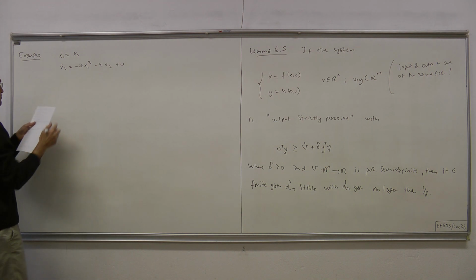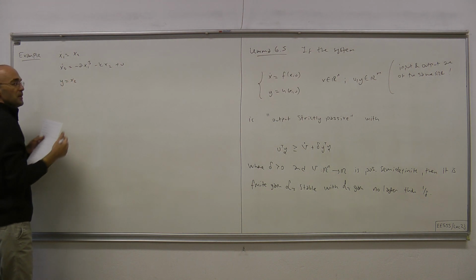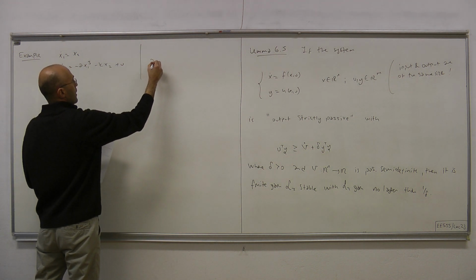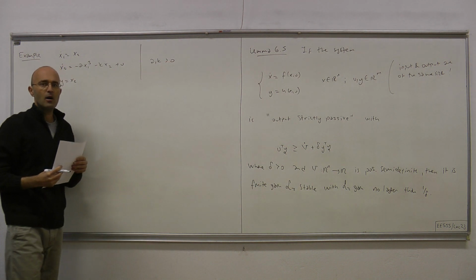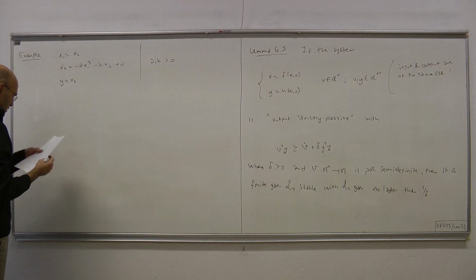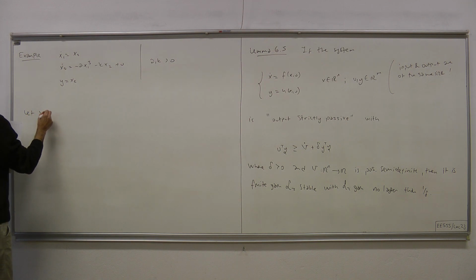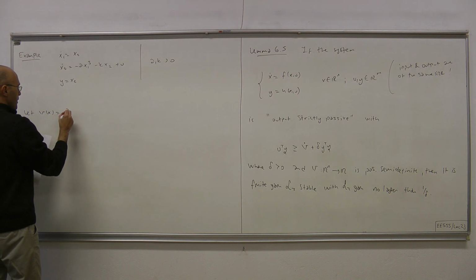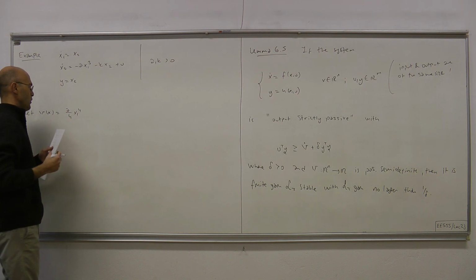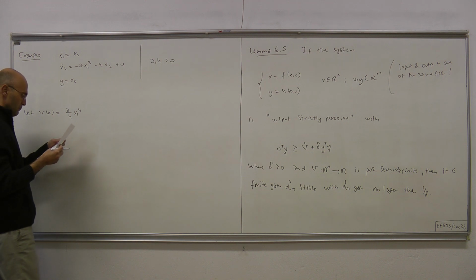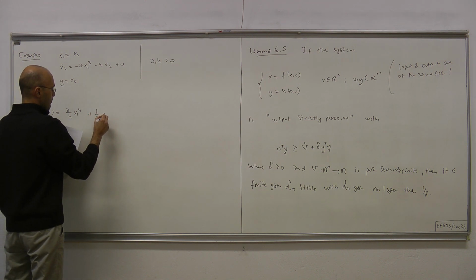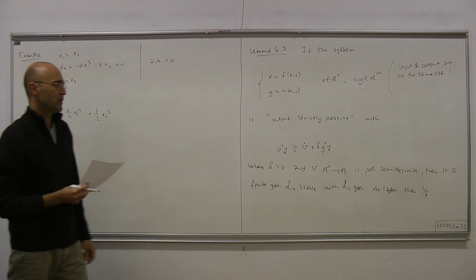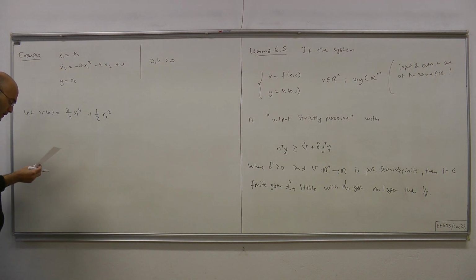And for this system, output is the second state variable, y equals x2. And the parameters a and k are positive constants. So let's work with the following positive definite function. V of x equals a over 4 x1 raised to the power of 4 plus 1 half x2 squared. Okay, so clearly it's positive semi-definite because it's positive definite.